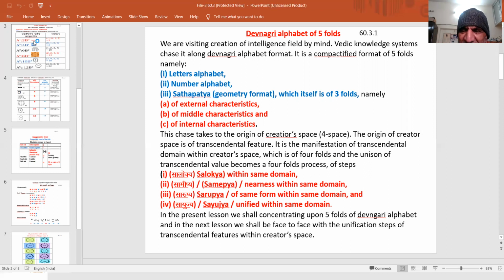In the present lesson, we shall be concentrating only upon the 5 folds of Devnagari alphabet. The 4-fold processing steps of unification of transcendental features within creator space will be taken up in the next session.